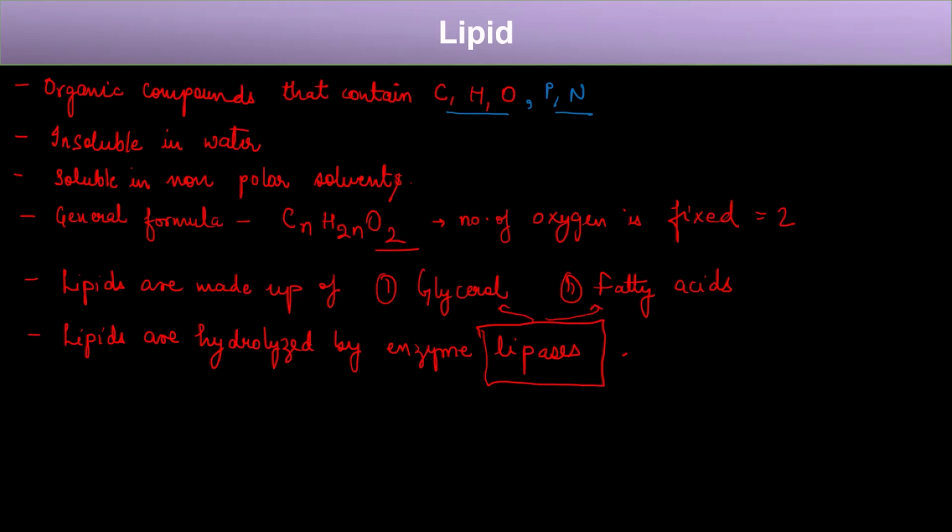Now, the next thing that we are going to study is fat. People often get confused between the terms lipid and fat. We always use these terms together, that lipid is fat, fat is lipid. But is it really true? Fat is lipid, but we cannot say that all lipids are fat. Fat is a subgroup of lipid.